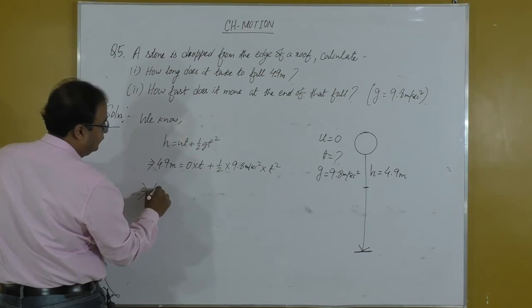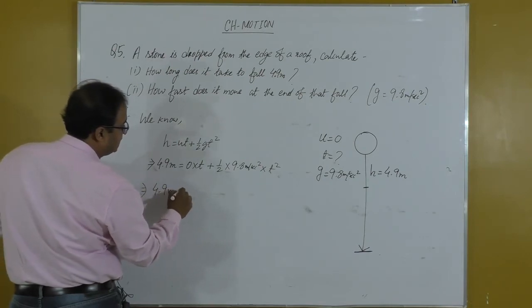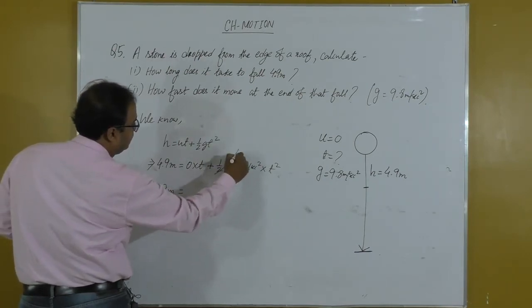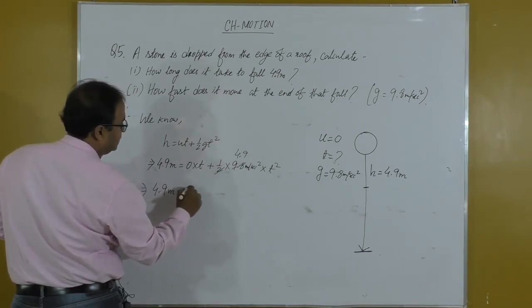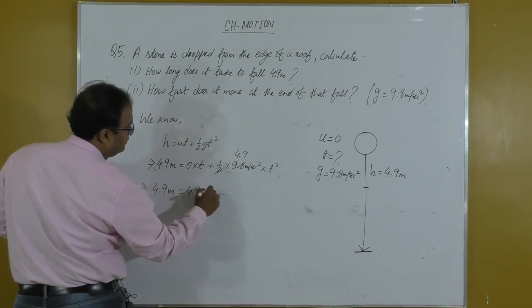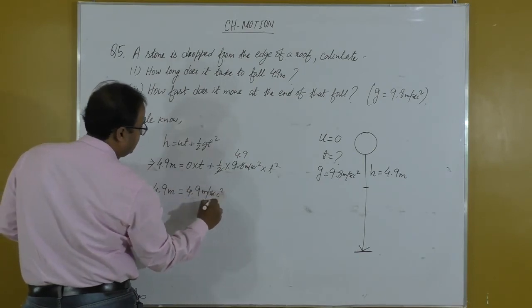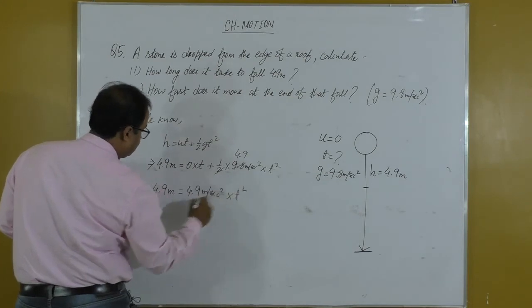So 4.9 meter is equal to, if you cancel here you will get 4.9. So 4.9 meter, and here 4.9 meter per second square into t square.